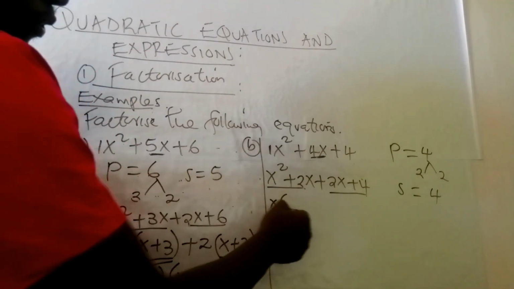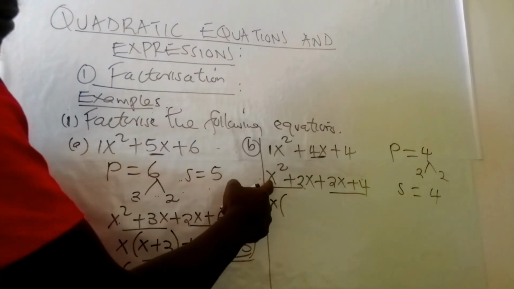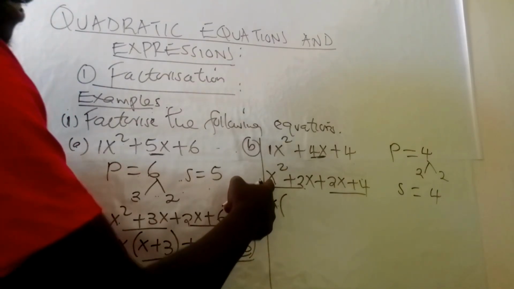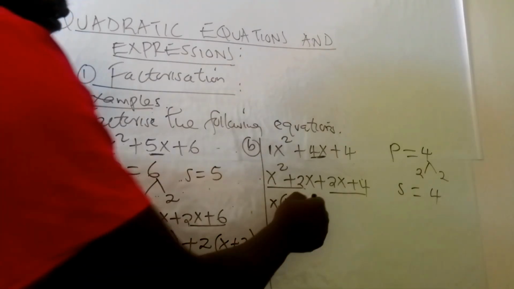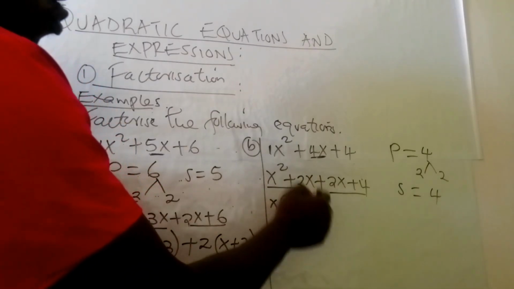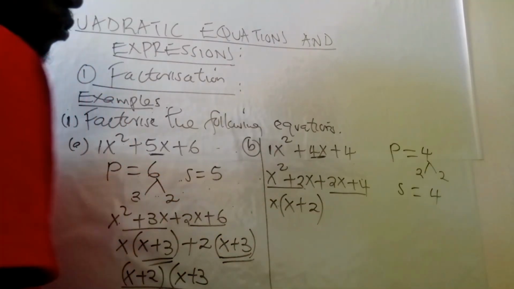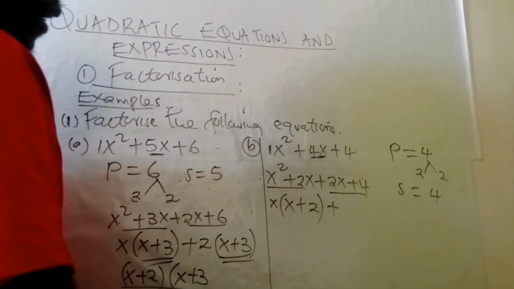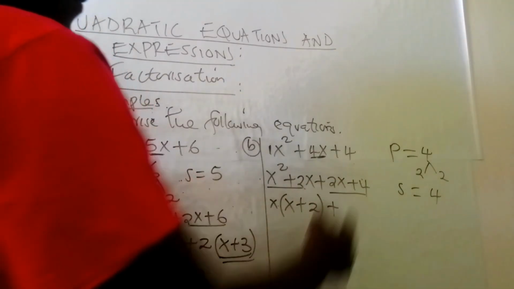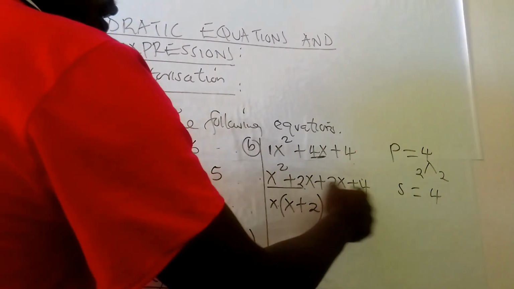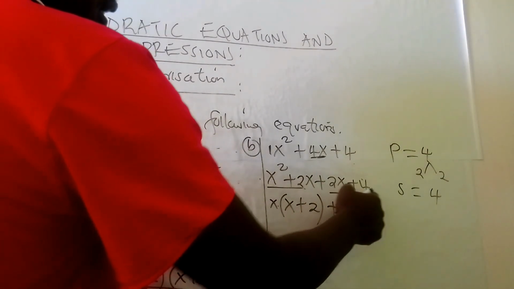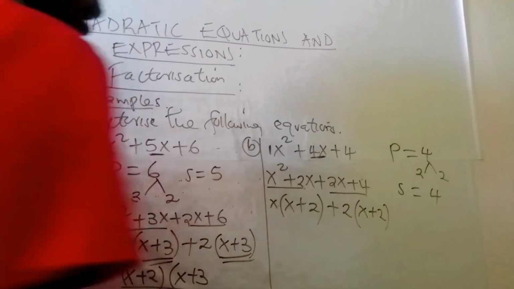X is common. When you factor out x here, remember when you're factoring out, it means you are dividing. So when you factor x here, you're left with x, plus, factor out x in 2x, you're left with 2. Plus, what is common between 2x and 4? 2 is common. When you factor out 2, you're left with x, then plus 2.